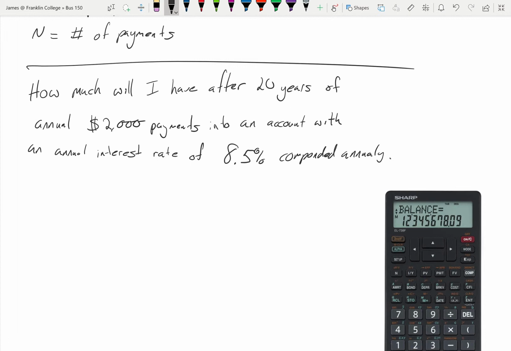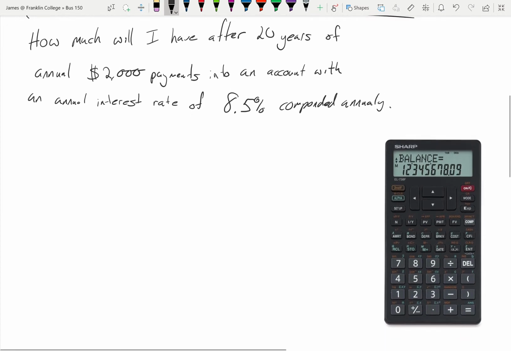So I'm going to make 20 years of payments of $2,000 every year into an account that earns interest at 8.5% compounded annually. So let's take a look at some of the information that we have in here.